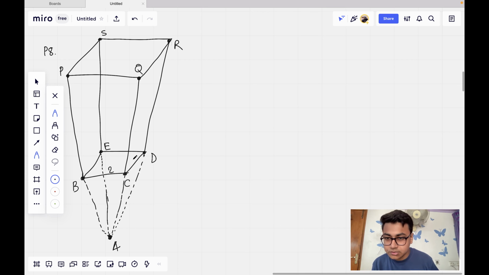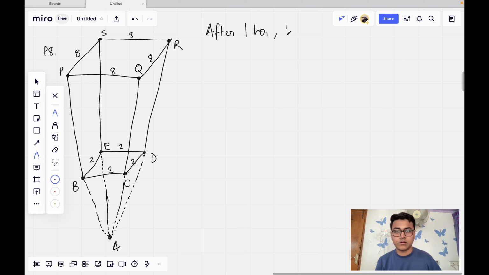The side length here is 2 and the side length here is 8. Okay, these are all square bases. The bases are parallel. These are all given. So we will write down the data that we already have.